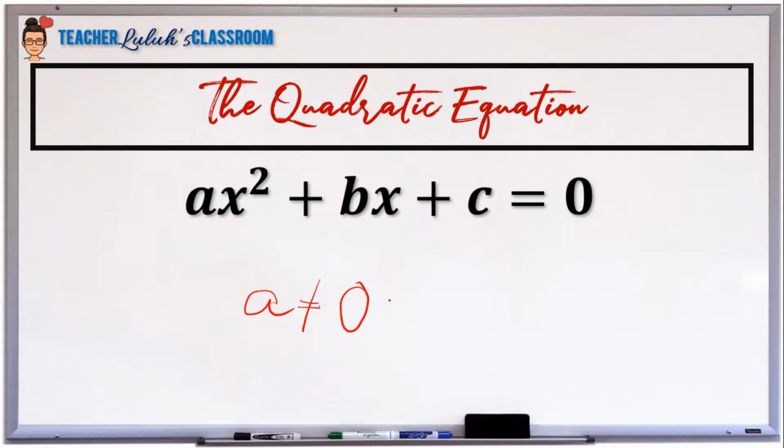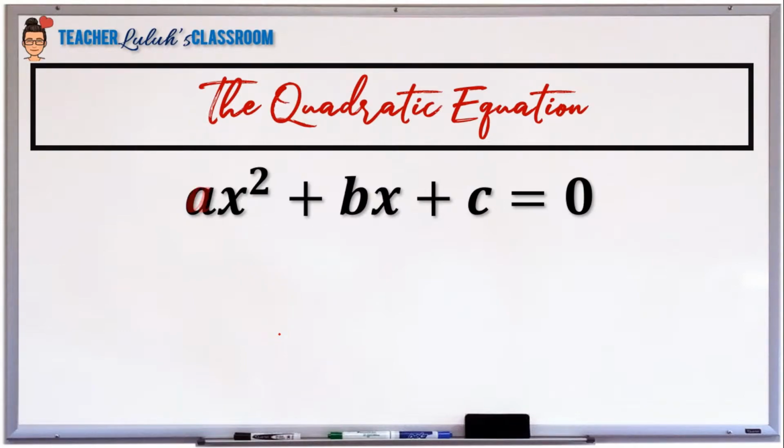A cannot be 0 because if it is 0, it will eliminate the term ax squared and make the whole equation non-quadratic. So that is why a cannot be 0.